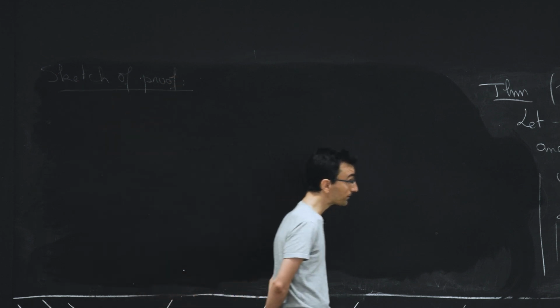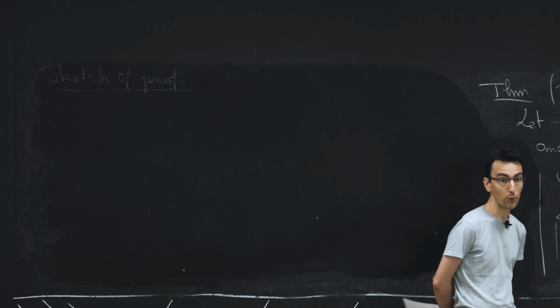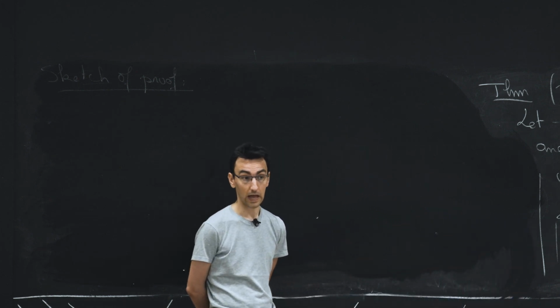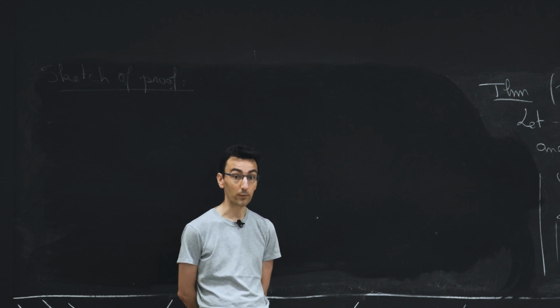So, sketch of proof. I claim that basically the upper bound, we have done it. You just rerun the argument that I gave you for sums of independent random variables.